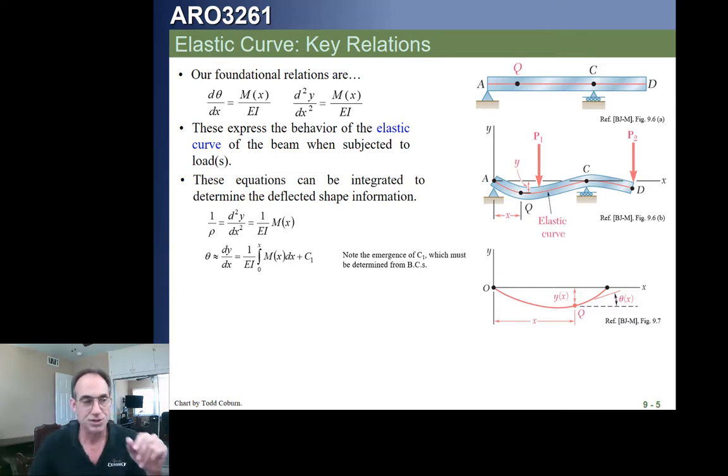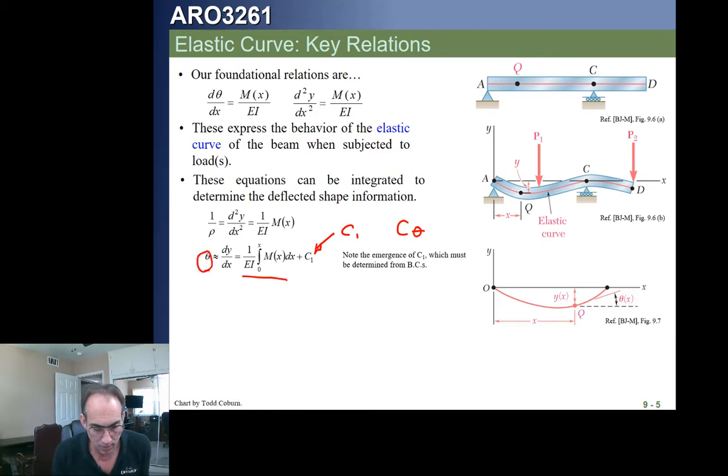Now, I often like to use slightly different nomenclature, to keep these constants categorized and easily recognizable. We're calling that constant of integration C1 here. In some of my slides, you'll notice I call it C theta, because when we take the integral of the moment equation to calculate the slope, the first constant of integration in that step is a constant which springs into being due to the slope.